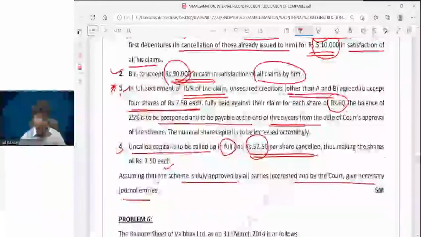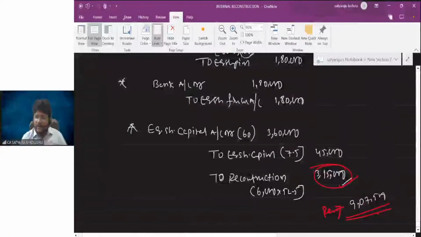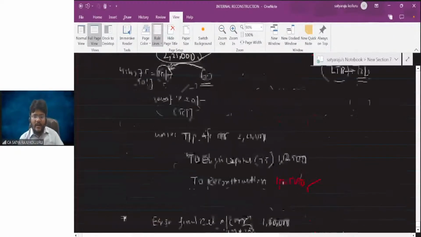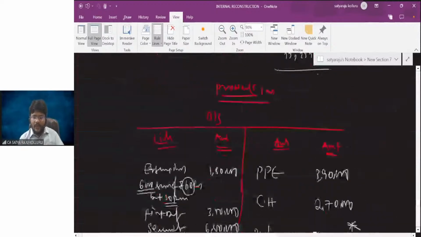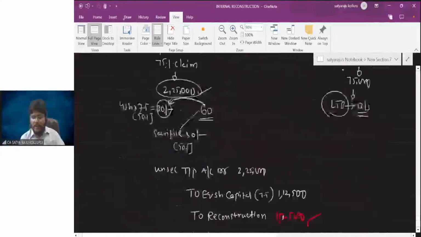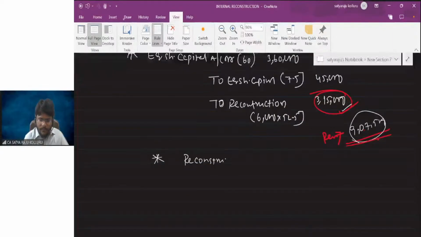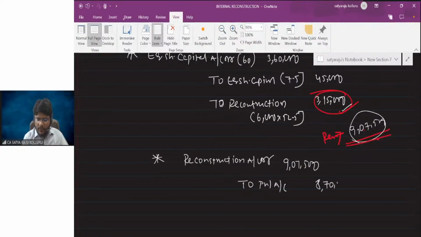Yes. Now, what should I do? I should cancel this 9,07,500 with the P&L account balance. Where is the P&L account balance? Here I have 8,70,000. Now you can cancel the P&L account debit balance by writing the entry: reconstruction account debtor 9,07,500 to P&L account debit balance, which is only 8,70,000.